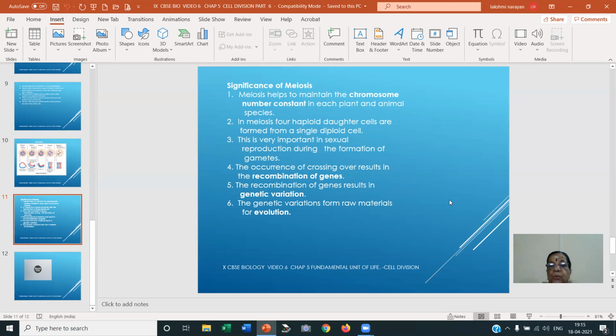In meiosis, 4 haploid daughter cells are formed from a single diploid cell. This is very important in sexual reproduction during the formation of gametes. The occurrence of crossing over results in recombination of genes, and the recombination of genes results in genetic variation. And the genetic variations form raw materials for evolution. I hope you understand this.